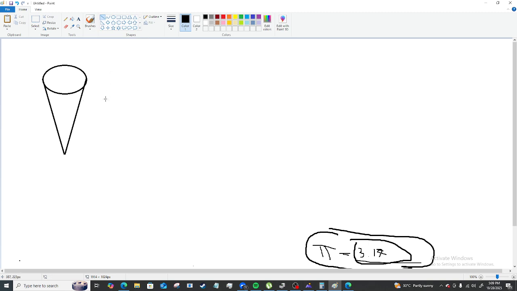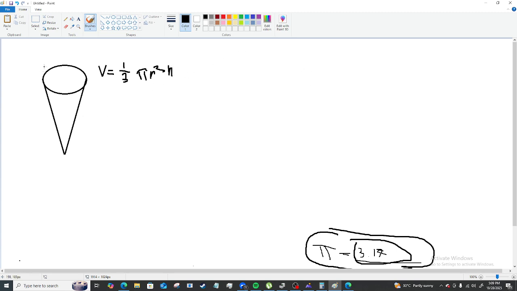Now the formula for this is 1/3 pi radius squared and the height.